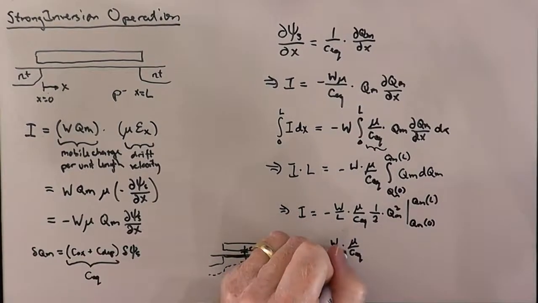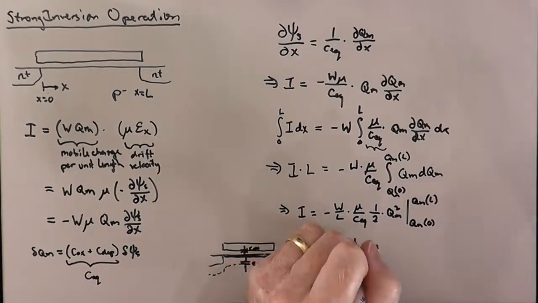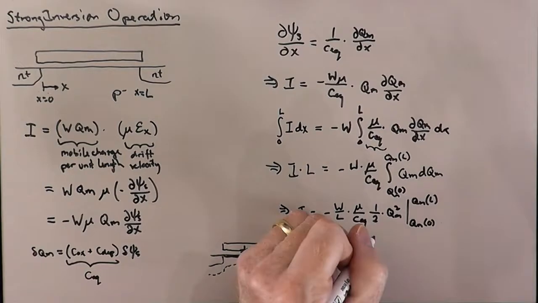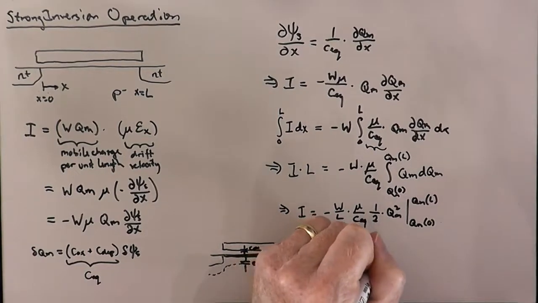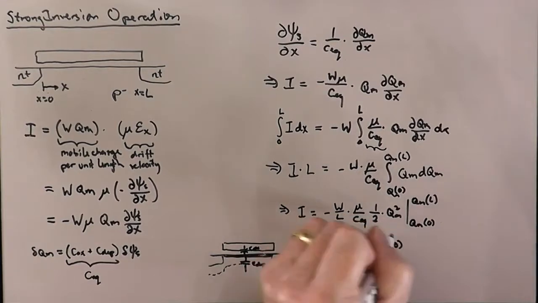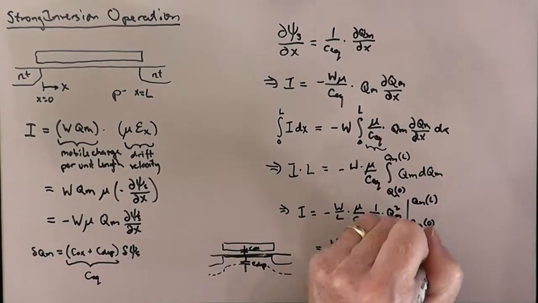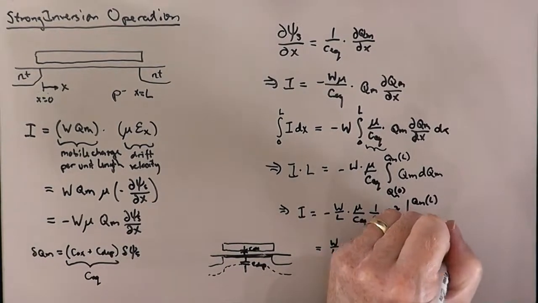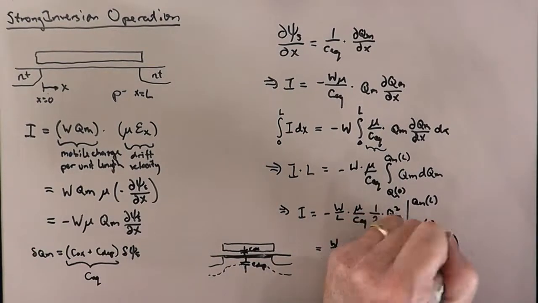Actually, we can put the 2 here, 2C equivalent, times Qm evaluated at 0 squared minus Qm evaluated at L squared.